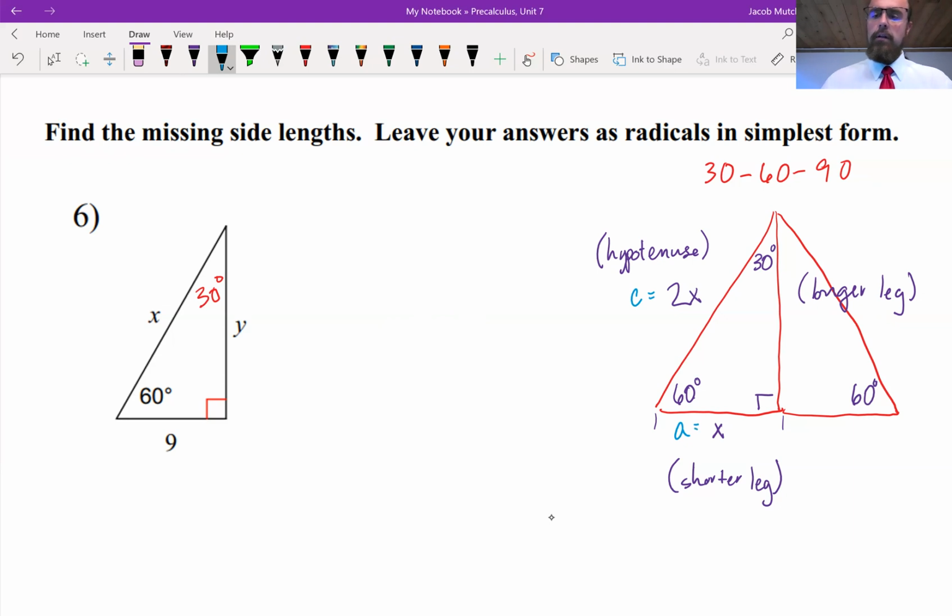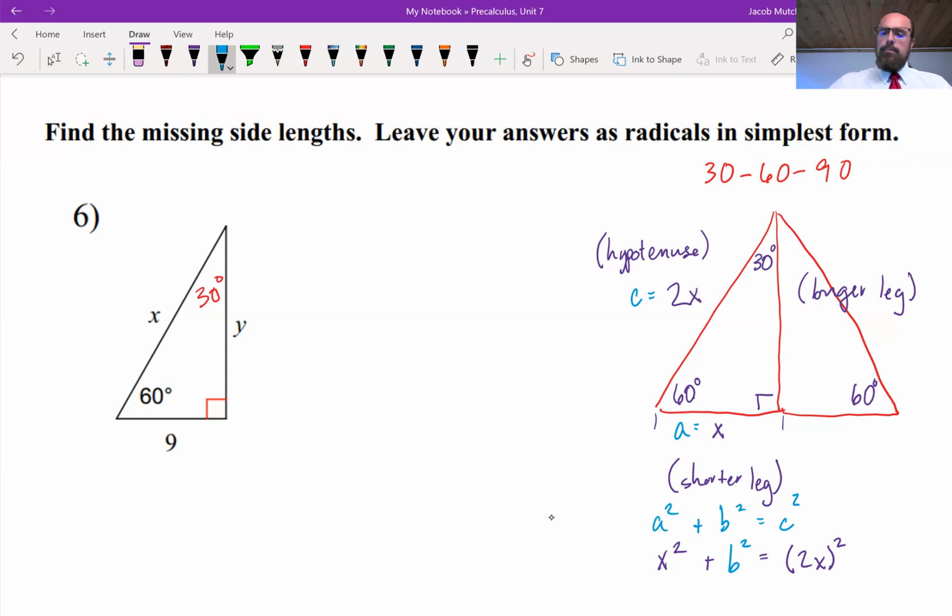I can call that shorter leg a or b, so we'll just call it a. So if I'm setting up the Pythagorean theorem, a squared plus b squared equals c squared, I'm going to plug in what I've got for a, which is x, so x squared. And also c I've got is 2x. I'll square that. And then I want to solve for b, so I'm going to just leave b squared as is.